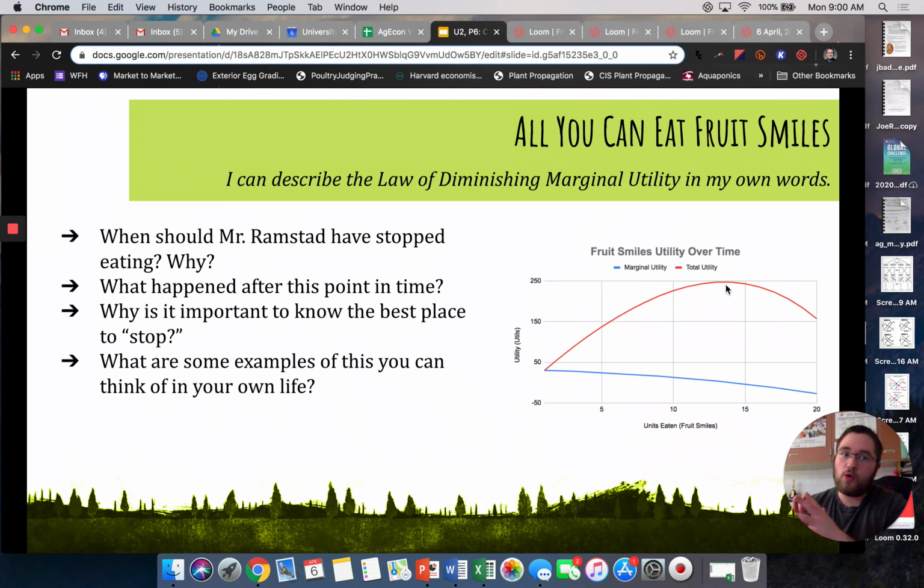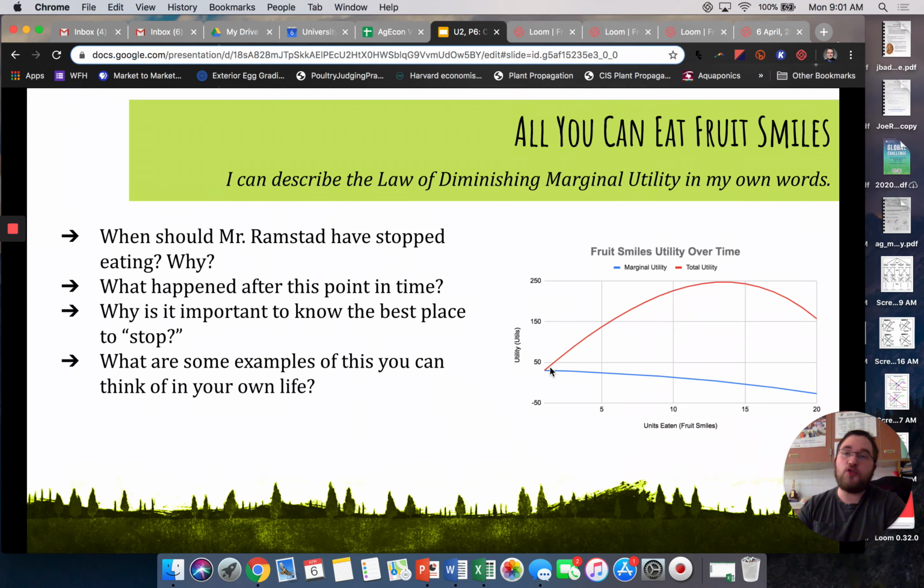But if I were to hold off and save some of those fruit smiles for a later date, I could rejuvenate that satisfaction and be more happy as a result, because I'm consuming them at a later date. I'm gaining more satisfaction initially because remember, the biggest point on our marginal utility was that first fruit smile. We started losing utility as we consumed more units, okay?